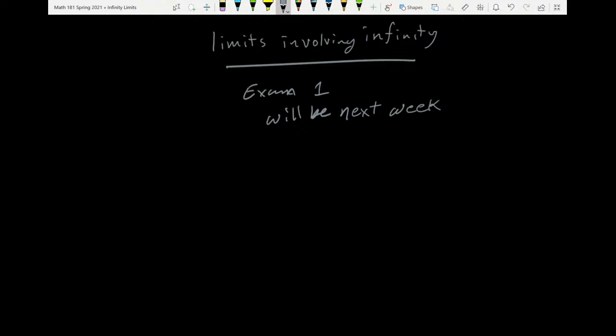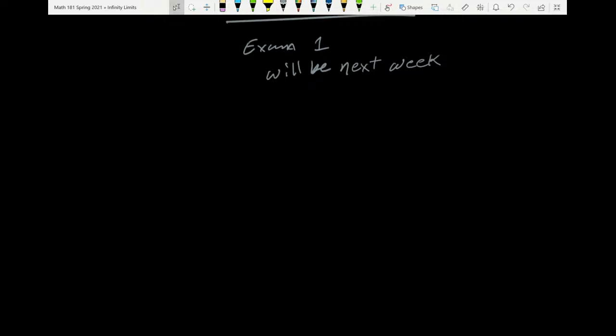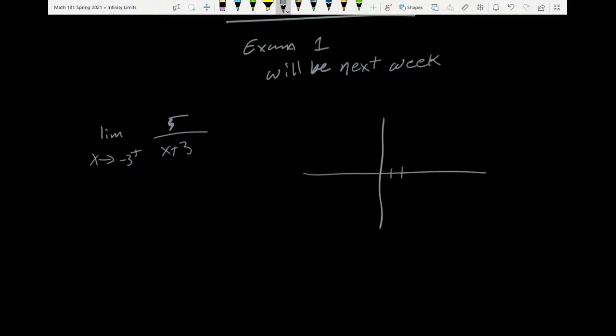Okay. All right. Let's do it. So, limit as x goes to -3 from the positive side of 5 over x plus 3. What does that mean? Well, if you graph this, it has a vertical asymptote, and I believe the graph roughly looks something like that.